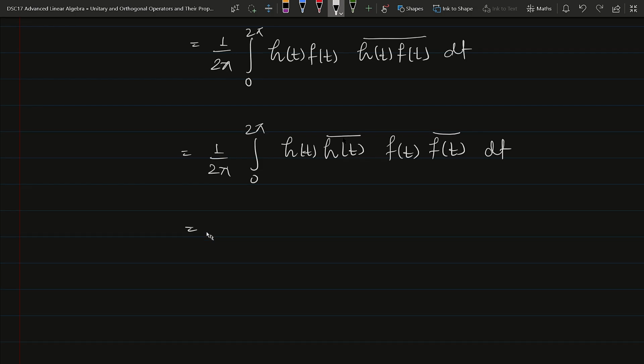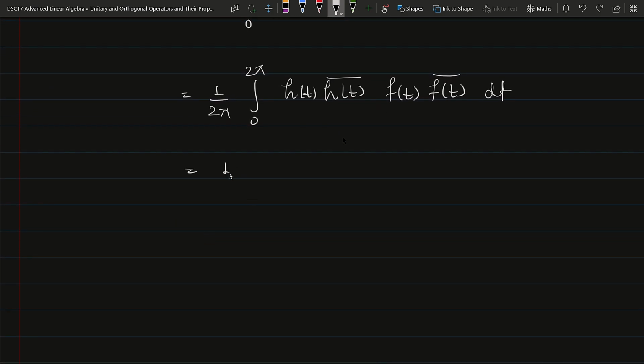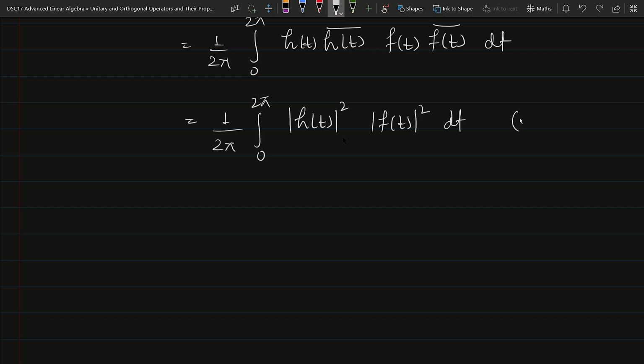And from the complex conjugate property, we can write this as 1 upon 2π 0 to 2π, and it will be equal to the modulus of h(t) square, and this is modulus of f(t) square dt, right? Here you can write, since z times z bar is same as mod of z square.